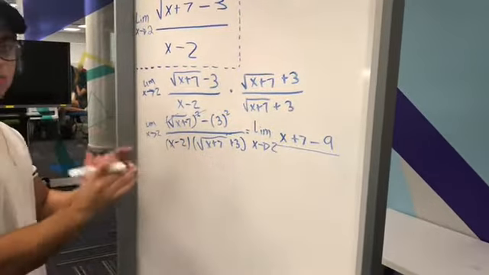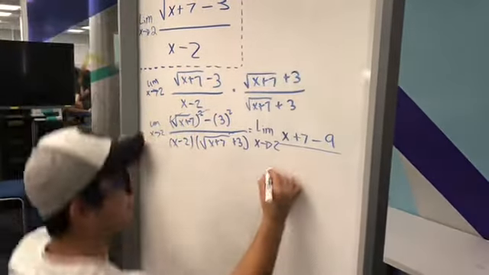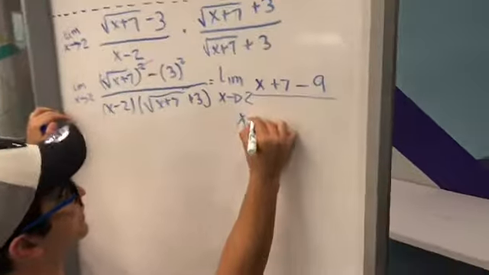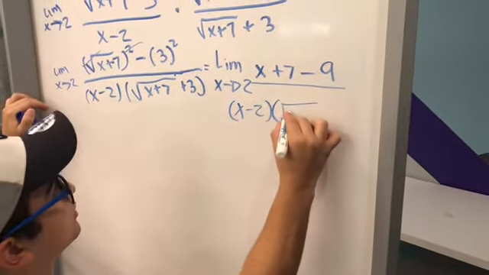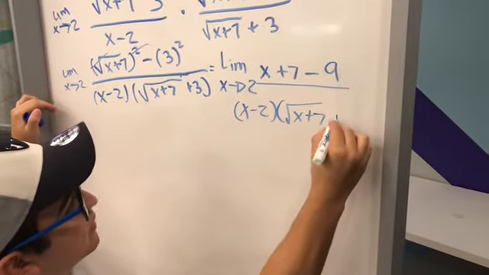You will not open it. x minus 2 times the square root of x plus 7 plus 3.